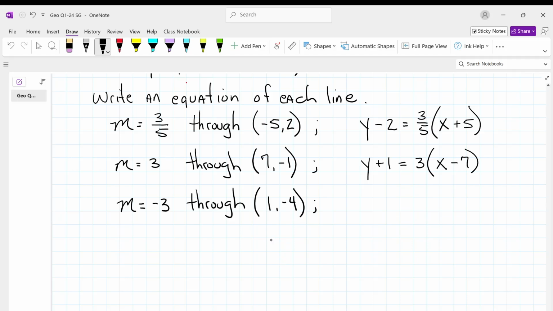So our equation in point-slope form, again, is the letter y, the opposite of the y value given, so we go plus 4, equal to the slope, in this case, negative 3, left parenthesis, the letter x, and then the opposite of the x value given. So we would go minus 1.